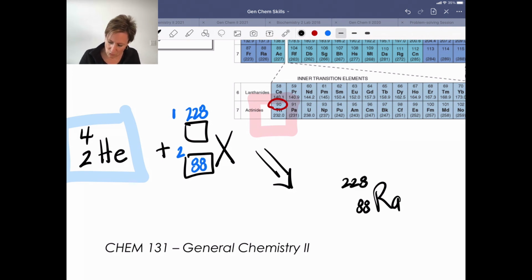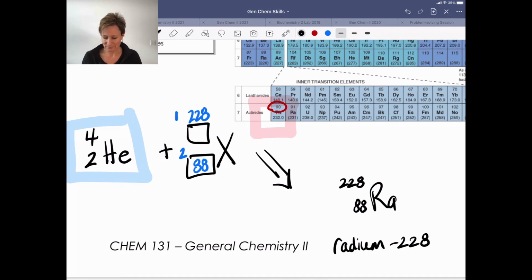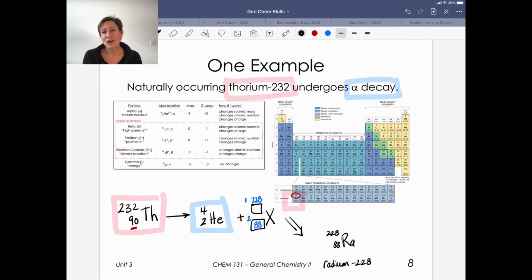So this is what we call radium-228. I could provide it in this format, or I could also write it as radium-228. And I know it's going to have 88 protons because by definition, that's the chemical identity of radium. Okay, hope that helps you get some starting practice for how to write nuclear equations.